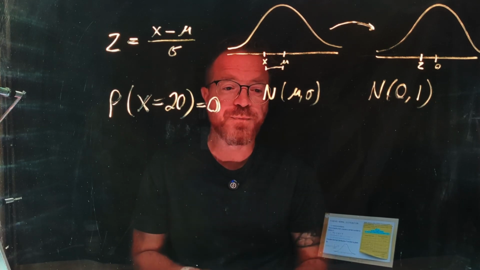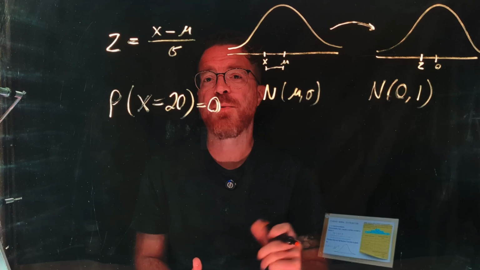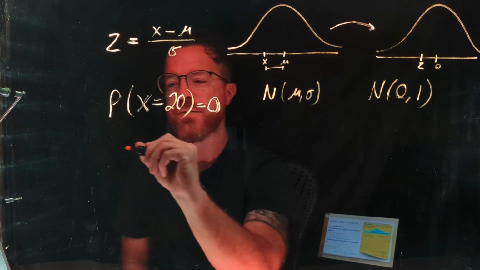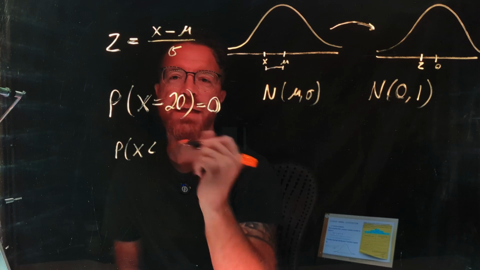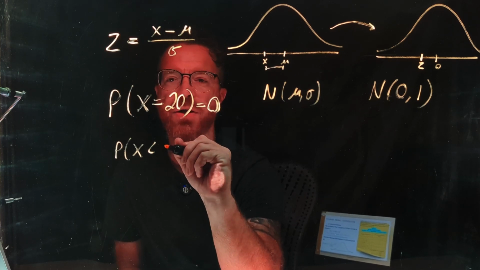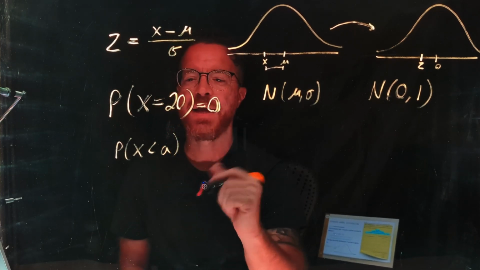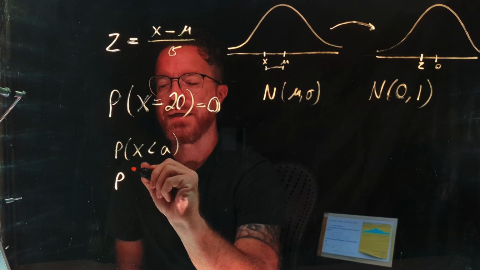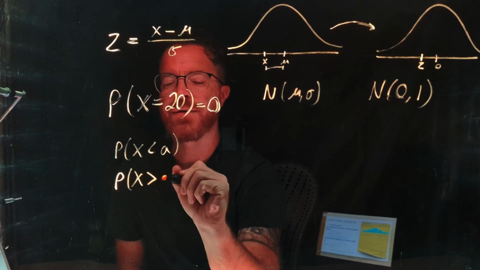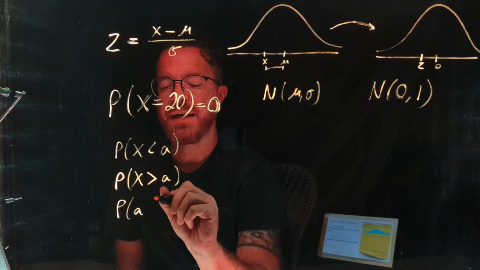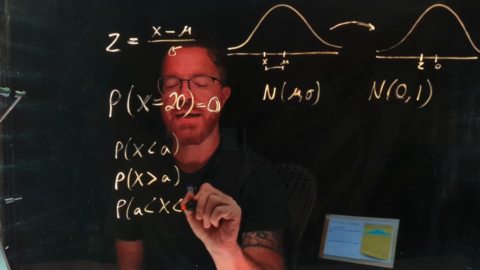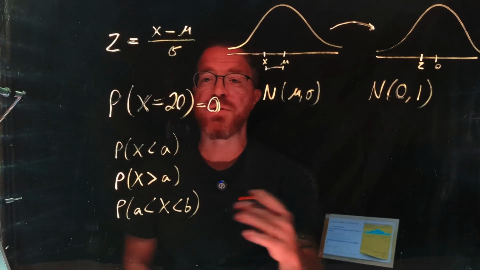It's equal to 0. So generally, we're going to have our probabilities in terms of either the probability that x is less than or equal to some value, I'm going to call it a, for some number a, we'll have the probability that x is greater than a, or we'll have the probability of x between a and b, so two different values.